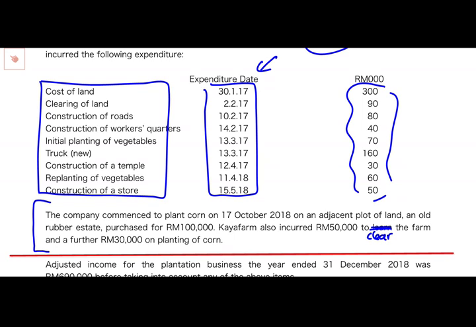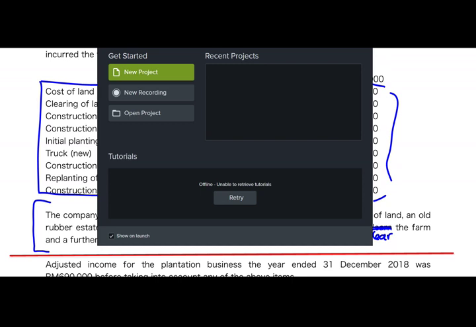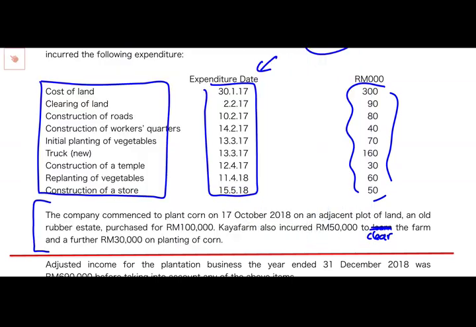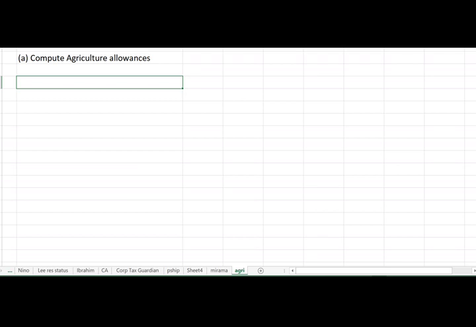Okay, so what we want you to do is this. Now, you got to list down what is your qualifying agriculture expenditure and what is the rate. And then you will have your agriculture allowance. Now, and of course, you need to show 2017, 2018.